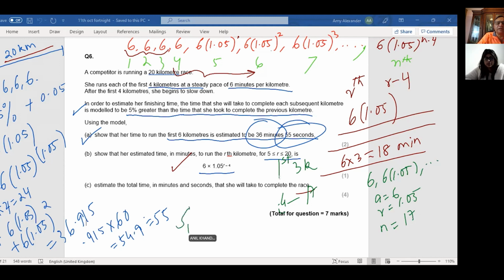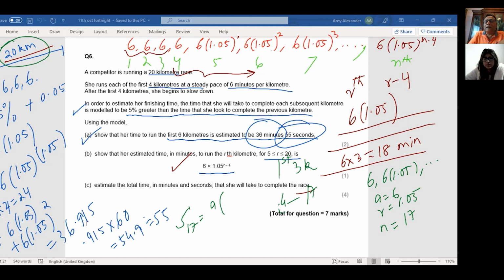What is S of 17 equal to? Is it 17 or is it 14? Because it's only between 4 and 17. But you have to run 20 kilometers total, right? When you use the formula, are we putting n as 17? Because we've already done 6 times 3. Yes, 6 times 3 is the first 3 kilometers. Now 17 terms left.